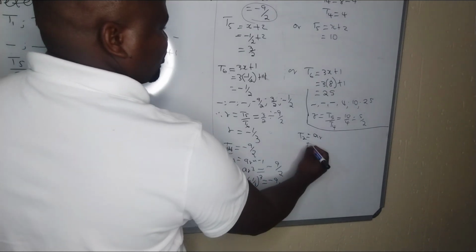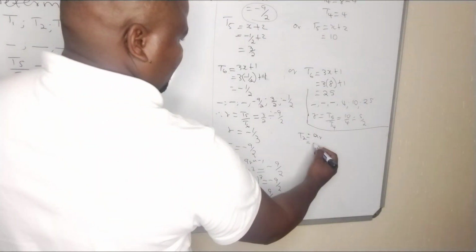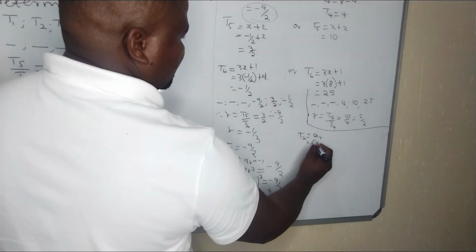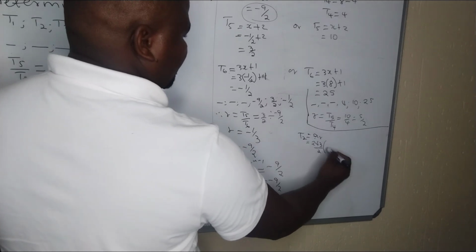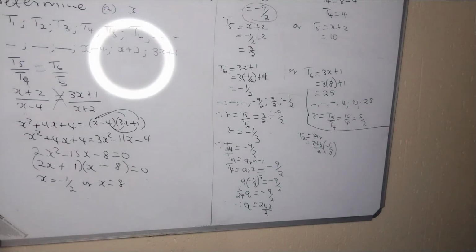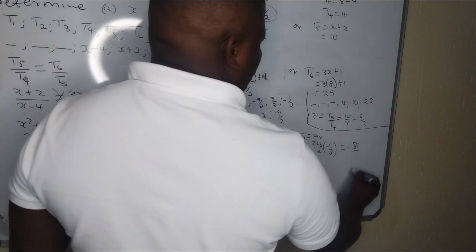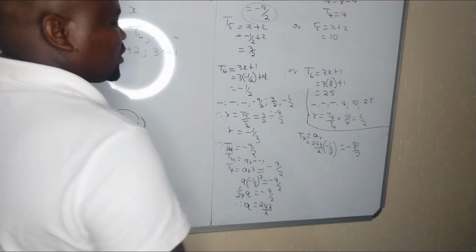We don't know what is T2, but we know the value of A, we know the value of R. So my value of A is 243 over 2, and the value of R is negative 1 over 3. And you can see the answer there is going to be negative 81 over 2. We press the calculator.